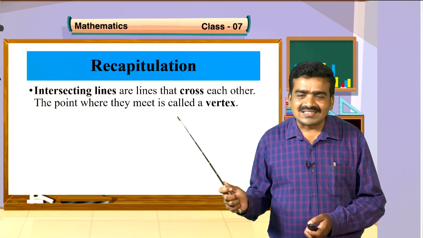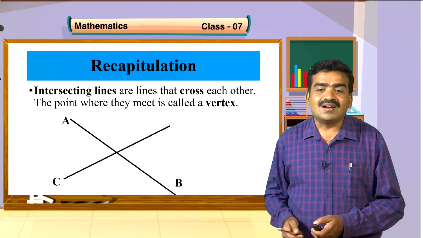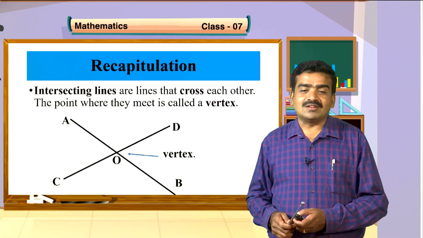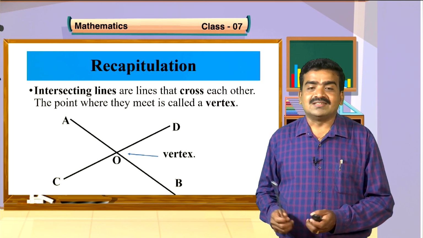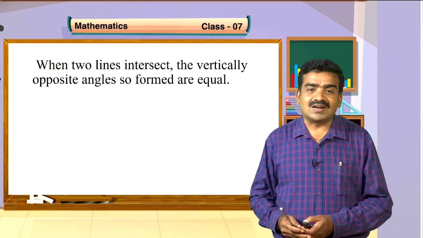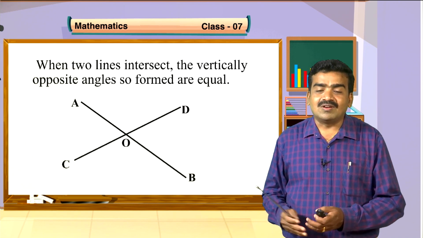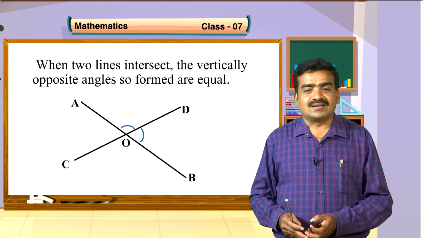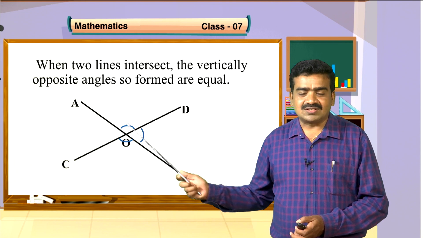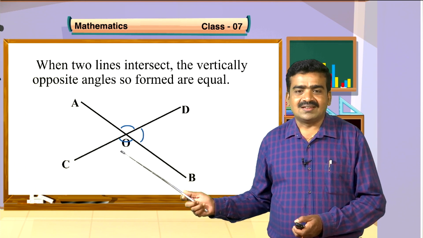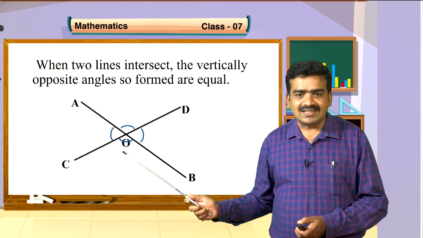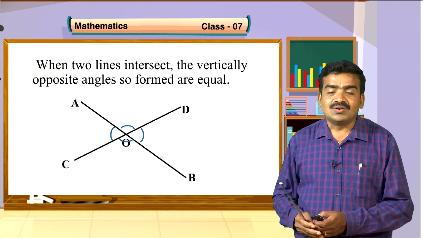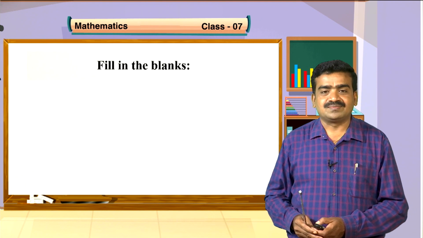So, these intersecting lines will have a common vertex and the vertically opposite angles formed at the vertex are equal to each other. Then what we have learnt? These two angles are equal to each other because these two are vertically opposite angles, and these two angles are also equal because they are also vertically opposite angles.